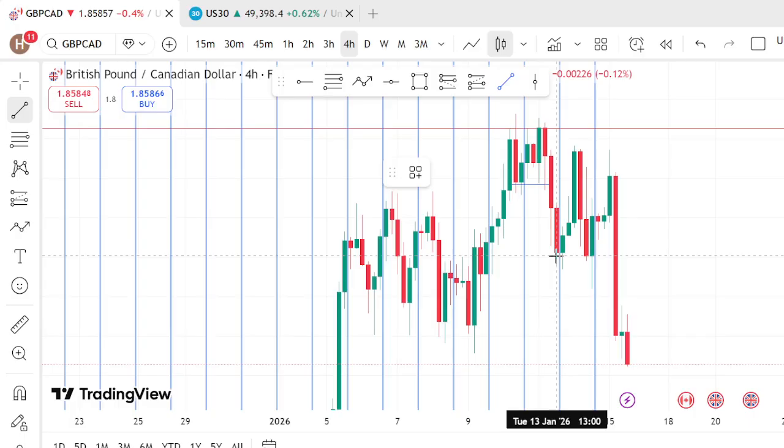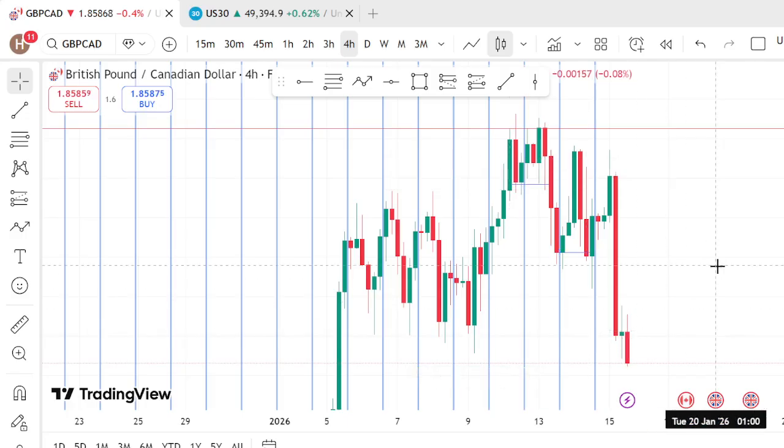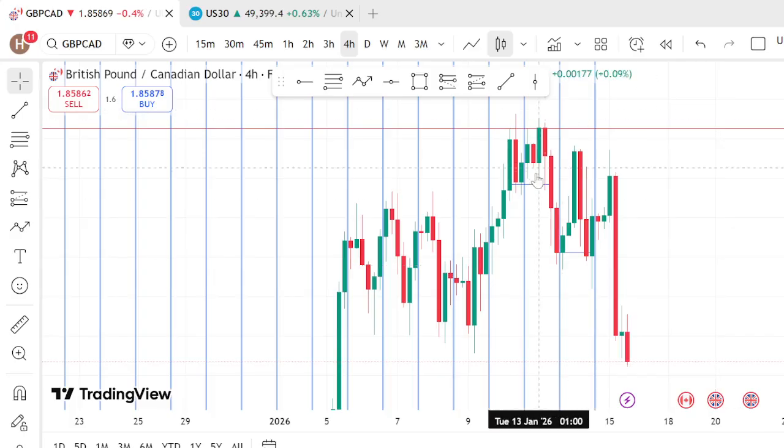Now what a breakout does is validate a break of structure. Anytime you see first a break of structure and then a breakout, if you see it 10 times, at least 7 times it will play out. So when I saw this today, I was so excited and joyful: wow, a breakout confirming a break of structure.